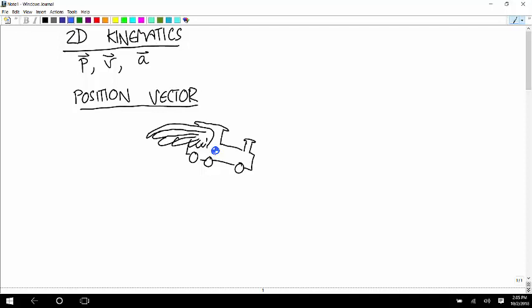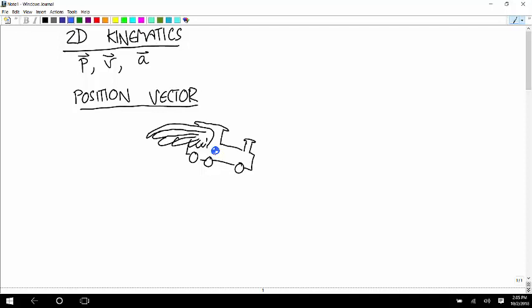Okay, so what does it take for us to assign a vector to this point, this location? So the train's at a physical location. What does it take to assign a vector to it? In one dimension, we had to choose the zero position and the positive direction. In 2 dimensions, we're going to do something analogous to that.